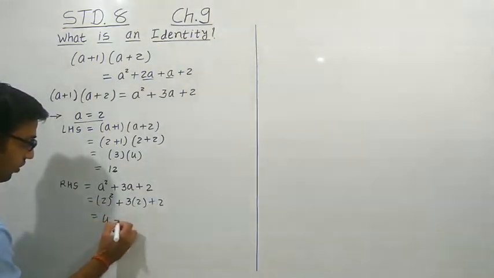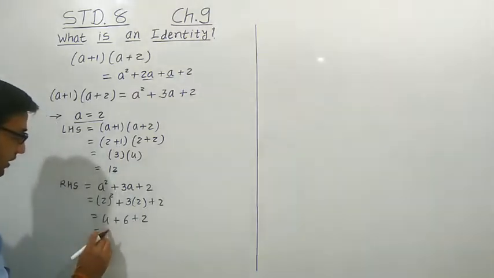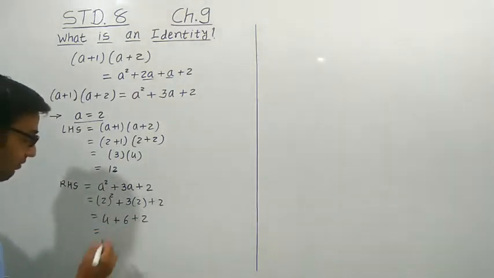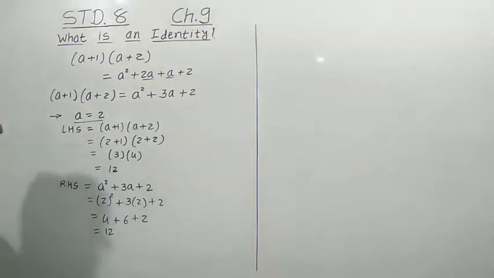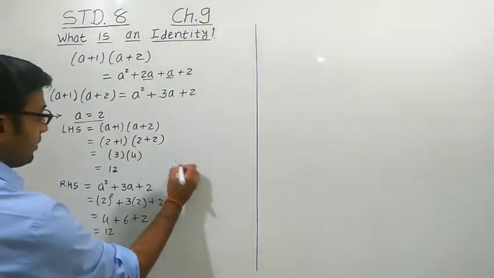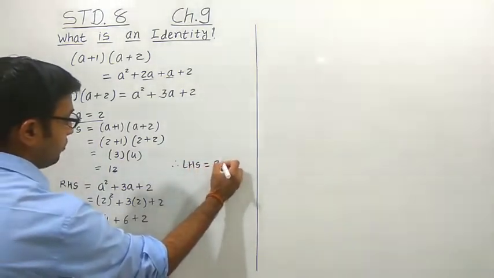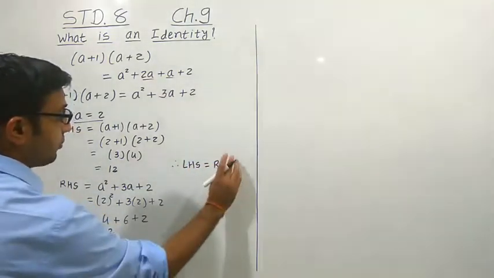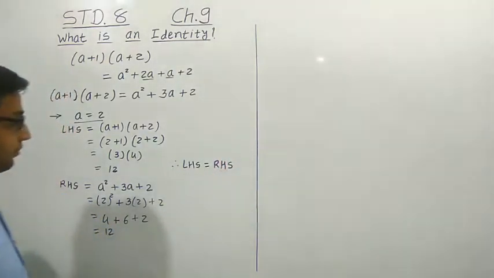Here we get 4 plus 3 twos are 6, plus 2. Now when we add 4 plus 6 plus 2, we get 10 plus 2, that is equal to 12. Therefore we can write that the left hand side value is equal to the right hand side value.